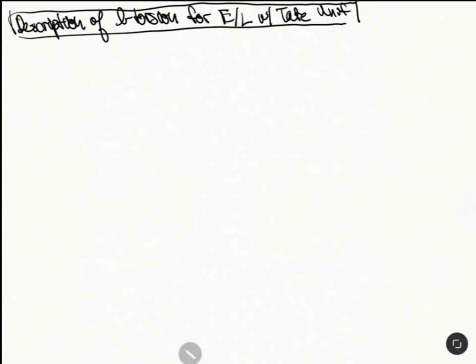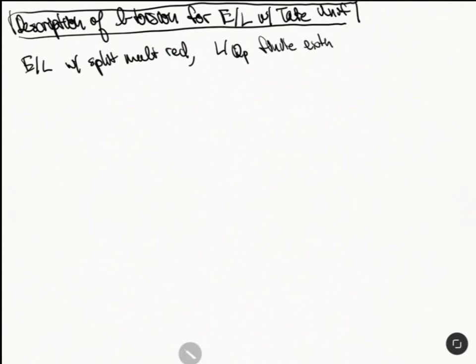So recall that E over L has split multiplicative reduction, where L is a finite extension of Q_p. This gives an isomorphism of L elliptic curves with the Tate model, and the Tate model has a Tate uniformization.